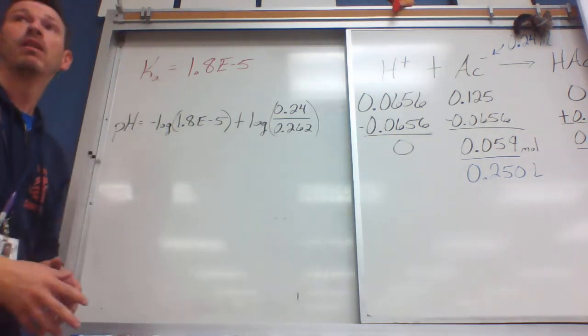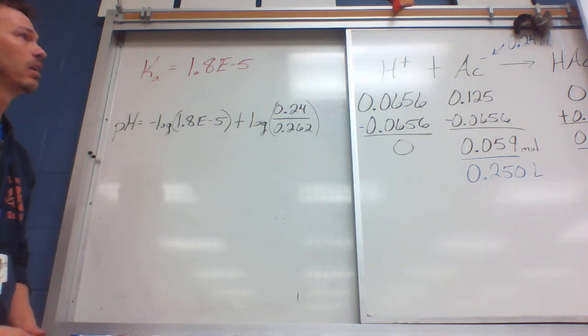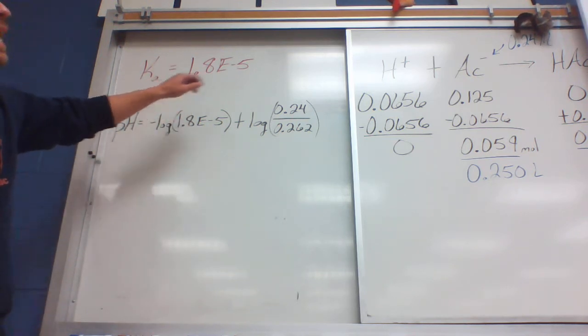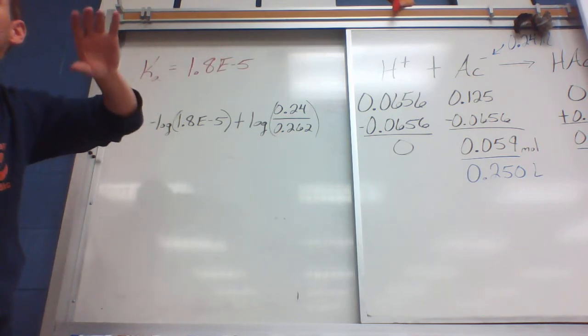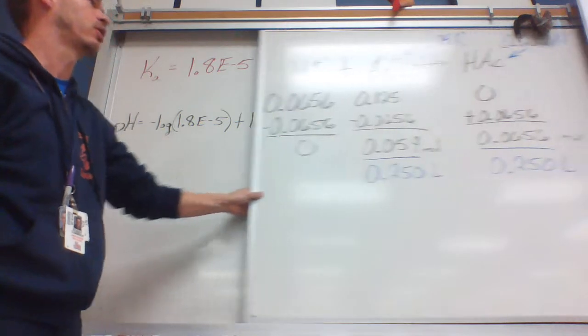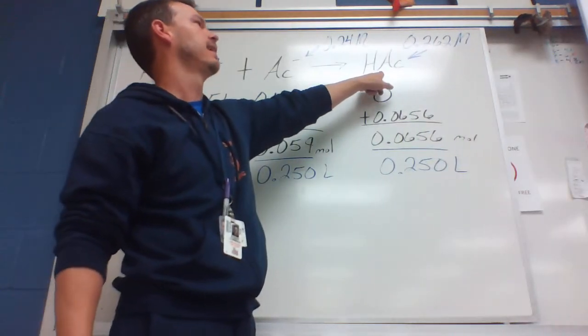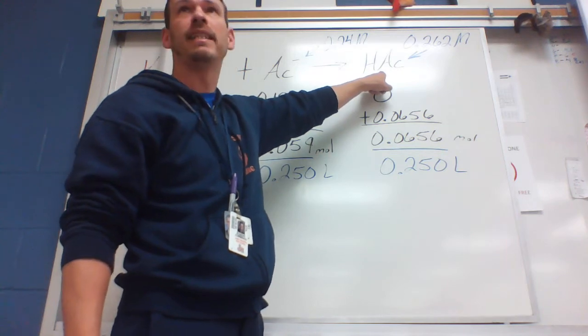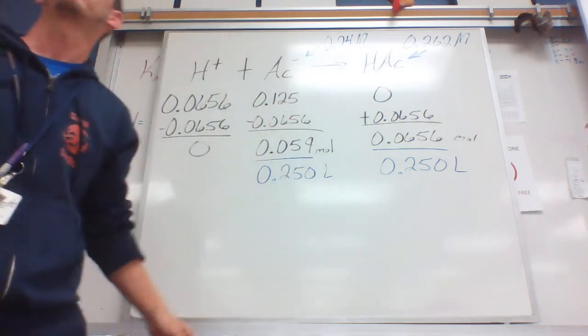Yep. Why does it have a Ka? It's not in equilibrium. We're running off the Ka of acetic acid, the published Ka. You're right. This equation does not have an equilibrium. You're absolutely correct. But what we're analyzing is the constant value of HAC at equilibrium, because that will spit out the proper pH.